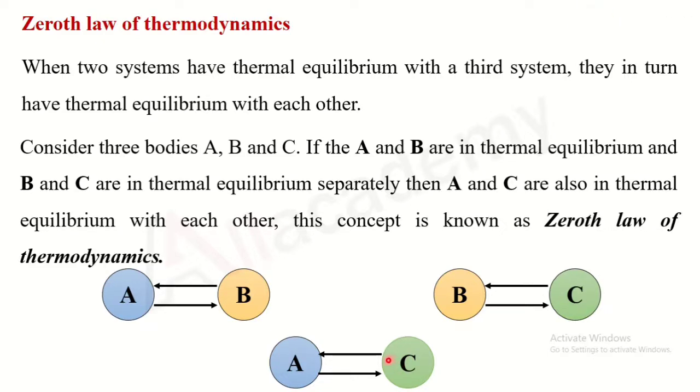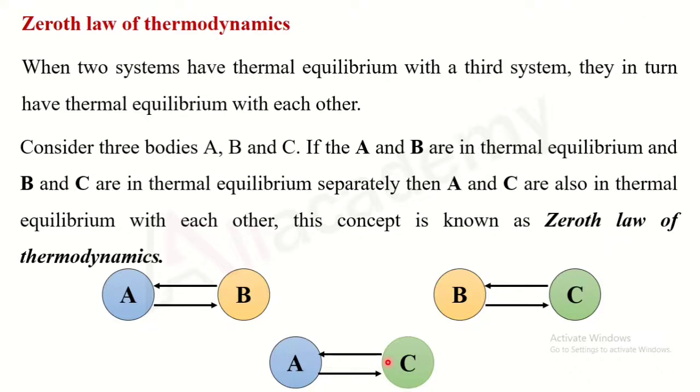The example I'm taking is not related to thermodynamics; just to understand this zeroth law, I'm taking this example. Facebook friends: when you are friends with some person and he might not be in your friend list, but it will show some mutual friends. That is the zeroth law.